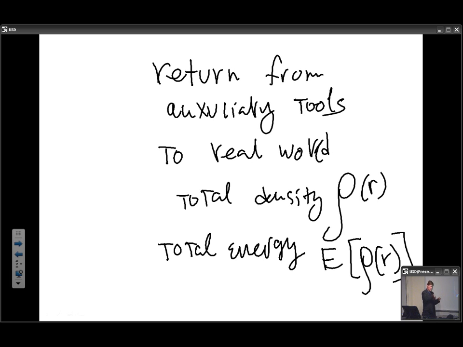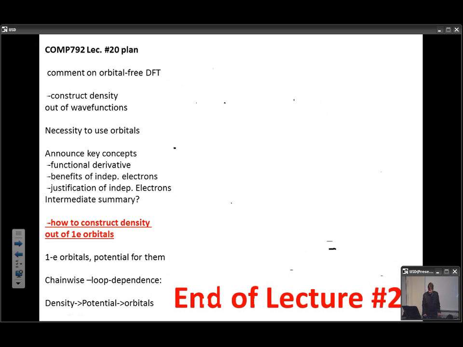Orbitals help to find density, density helps to find energy, energy gives potential, and then orbitals again. Through cycling, we can do refining and get better and better energy at each step. This is a major advantage of the Kohn-Sham procedure, the Kohn-Sham algorithm. We are going to focus on it in more detail when we meet on Thursday.